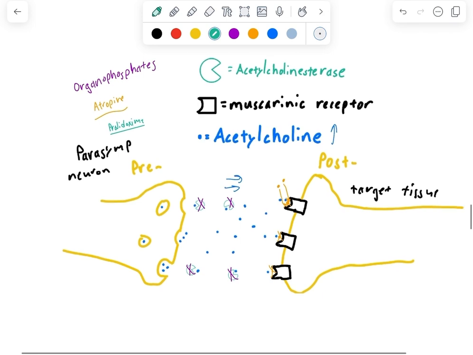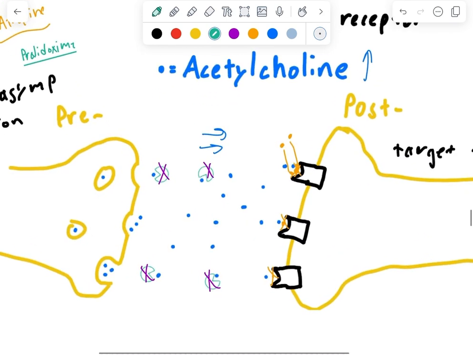Remember in our purple here, the organophosphates knocked out our acetylcholinesterase, but with pralidoxime, you are building more, and then those can go around and again start chewing up some of those acetylcholine molecules. So again, pralidoxime essentially regenerates acetylcholinesterase, gets it back in the game, and makes it possible for acetylcholinesterase to chew down some of that extra acetylcholine.